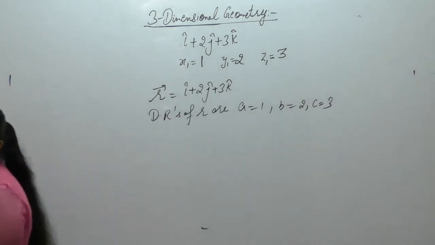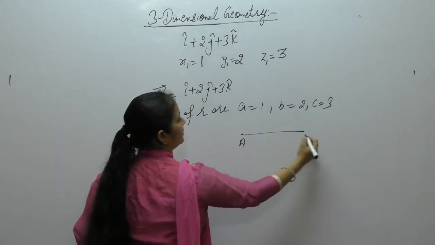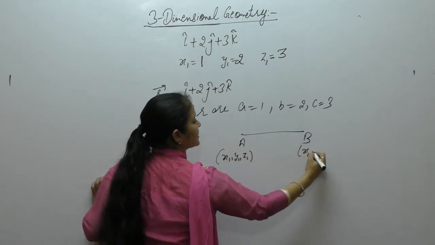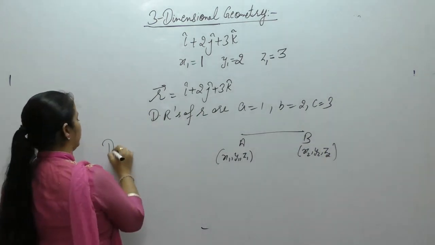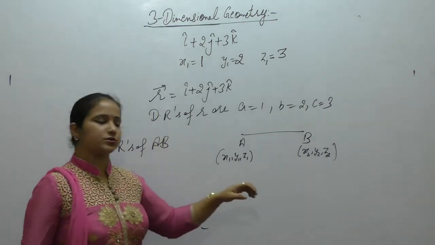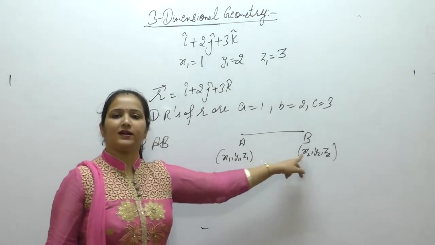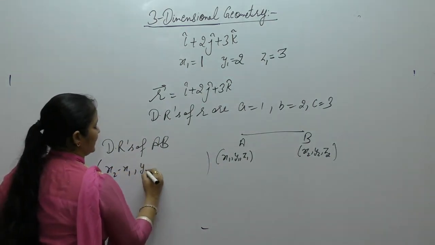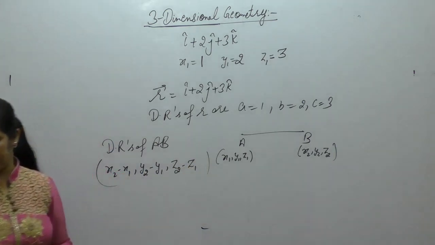If I have two points A and B with coordinates x1, y1, z1 and x2, y2, z2, then what is the formula to find direction ratios of AB? The direction ratios will be x2 minus x1, y2 minus y1 and z2 minus z1.